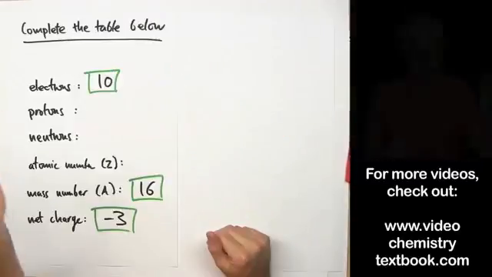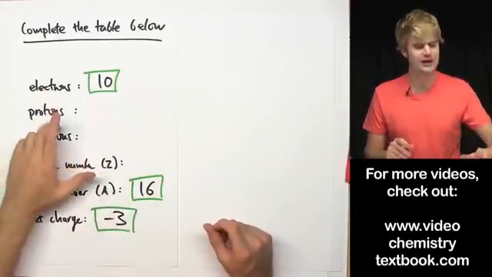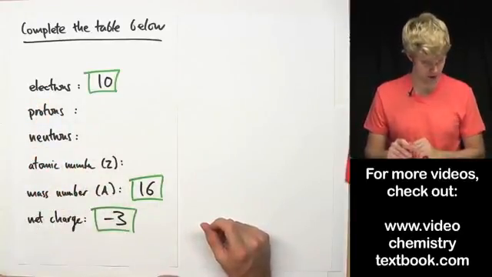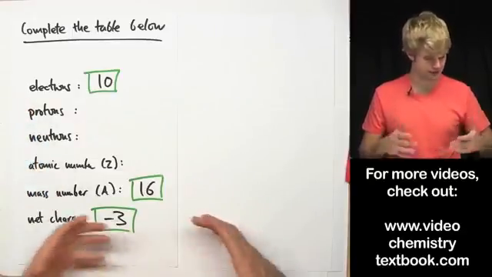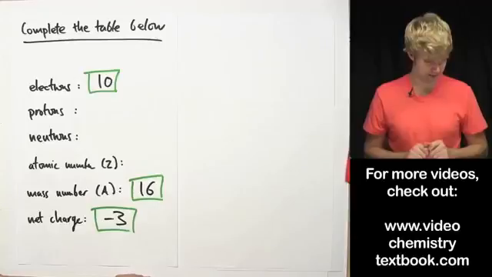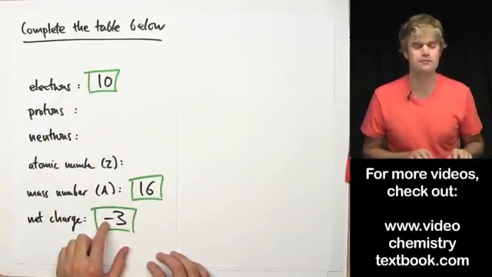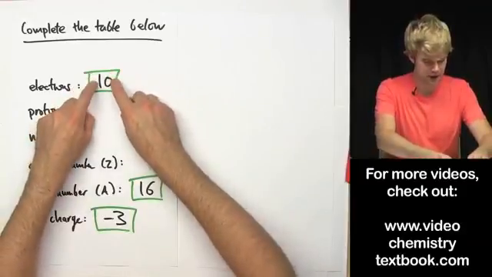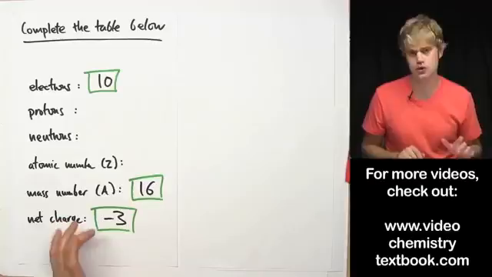Here's a table with various characteristics of a certain atom. We need to fill in the things that are empty. Okay, we don't know how many protons, we don't know how many neutrons. Where can we start? Okay, we know the electrons and we know the net charge. So based on the number of electrons and the net charge that this atom has, we can figure out how many protons there are.